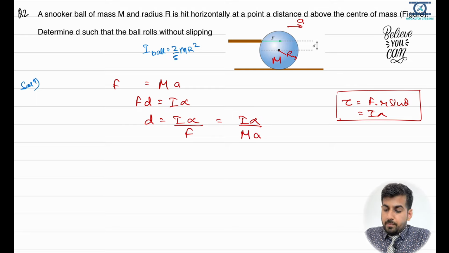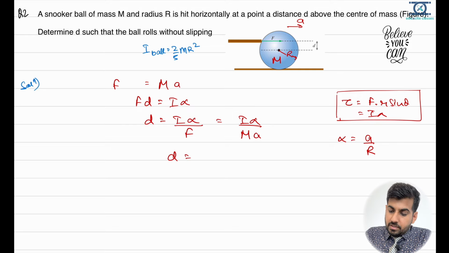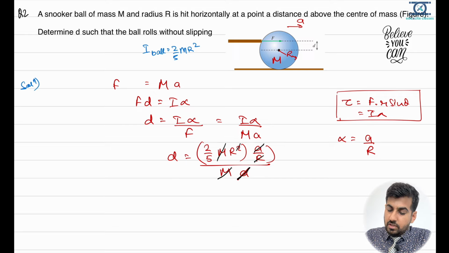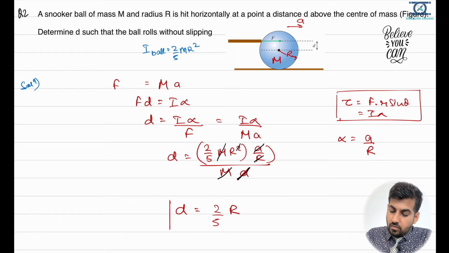Now if you look here, alpha is nothing but a by R. So further d can be written as, and I is 2 by 5 m r square, so 2 by 5 m r square times a by R upon M into a. So this a and this a get cancelled, this M and this M get cancelled, and this R and one R get cancelled. So the final answer we get is d is 2 by 5 times R only.